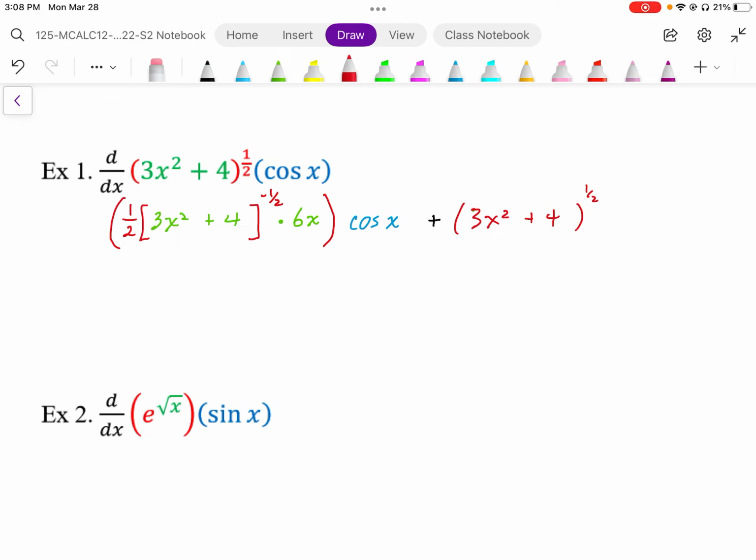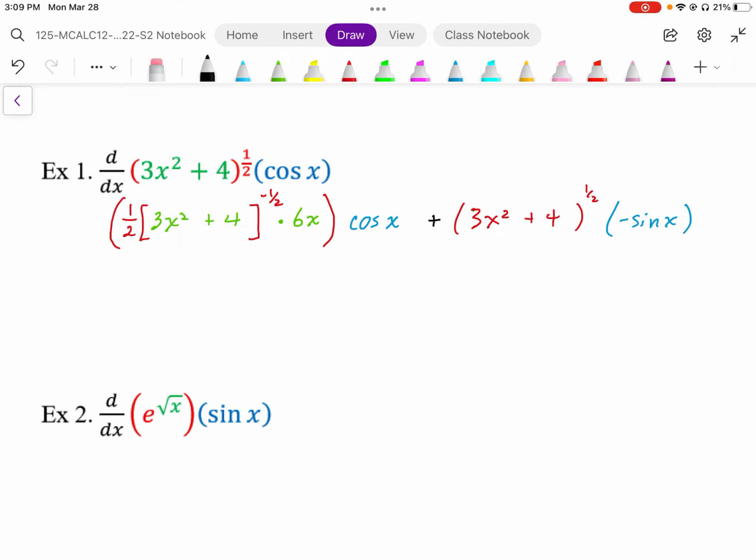Nothing happens there, but now I differentiate cos, and cos becomes negative sine x. Okay, so at this point I can group this together the best I can. There aren't really many like terms here, so there's not much I can do. I could maybe put this all under one denominator, so maybe I'll do that.